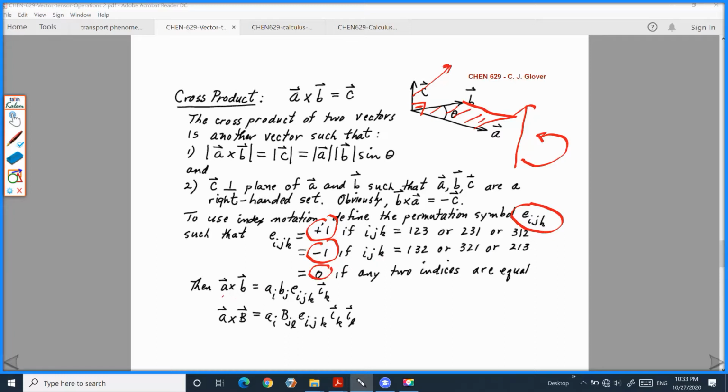Let's say the cross product between A and B. We just write the vectors here and we get our result. Actually, let's write Li. Sorry, just remove that one.